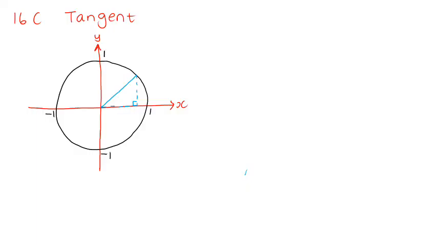Just like we did with sine and cosine, we draw a line out to the edge of the circle and make a right angled triangle with it. What's the length of that hypotenuse? 1. Yes, the radius of the circle is 1 at all points. So the length is 1.